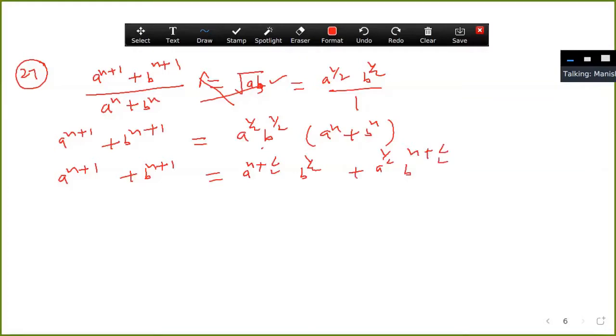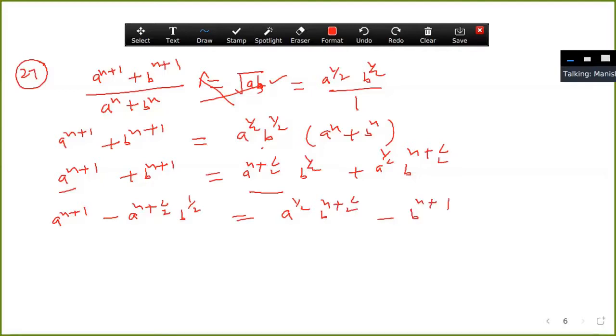Now collect the terms of this first term and this first term. What you will get? A to the power n plus 1 minus a to the power n plus half b to the power half is equal to a to the power half b to the power n plus half minus b to the power n plus 1.